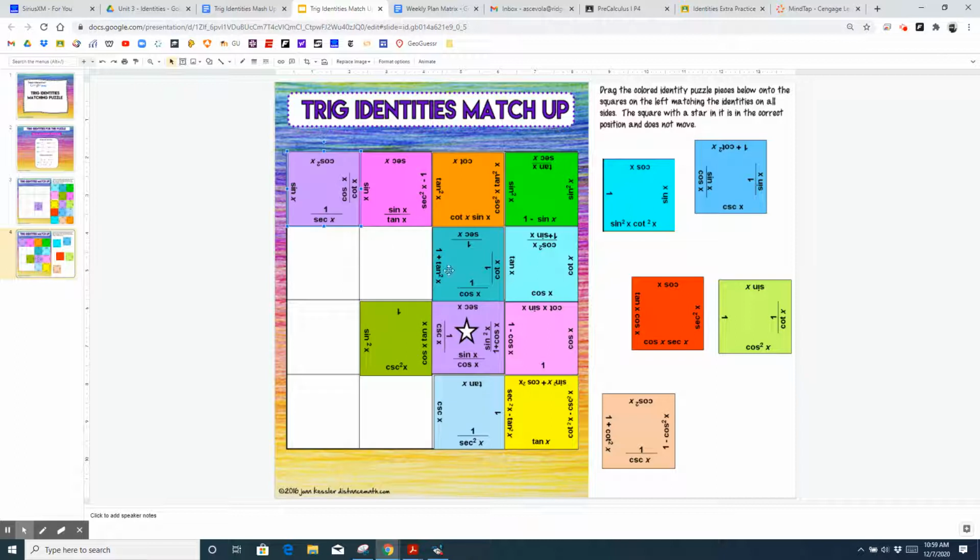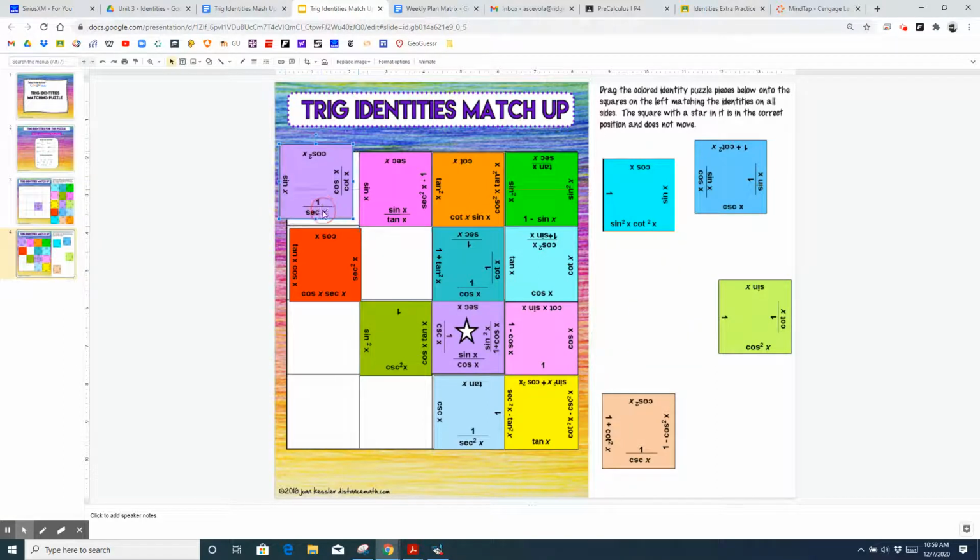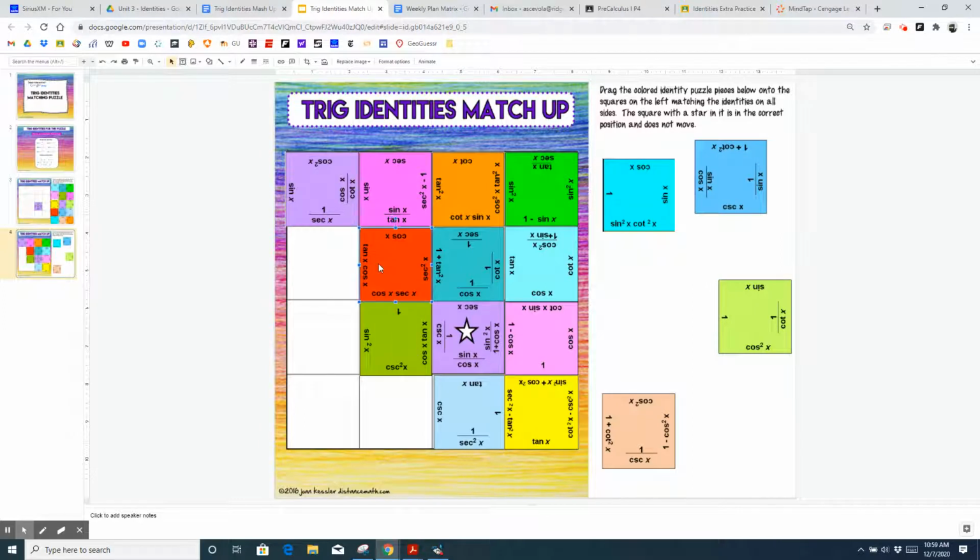And then I've got 1 over secant on the bottom, which is equal to cosine. So I have two of these that have cosine on the top. But remember that sine over tangent is also equal to cosine. And I know that secant squared is equal to 1 plus tangent squared. So I can put that there. And then this also has cosine on the top. And I have sine of x, which is equal to tan of x times cosine of x.